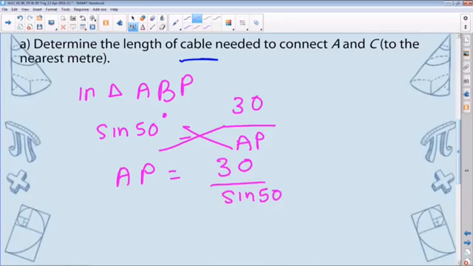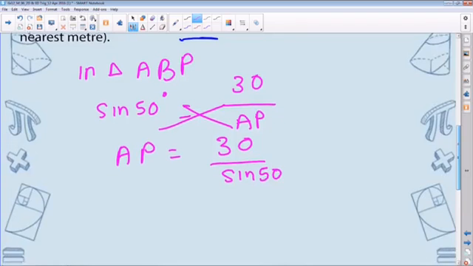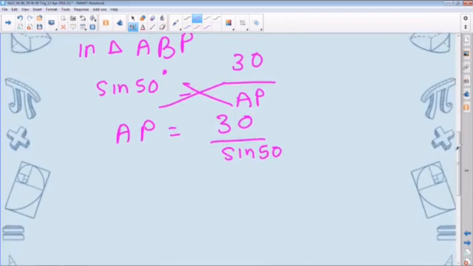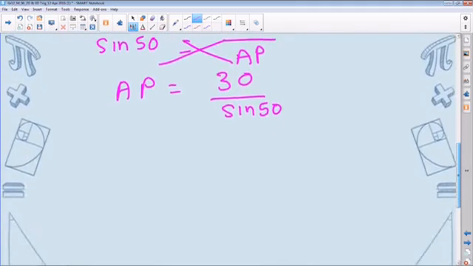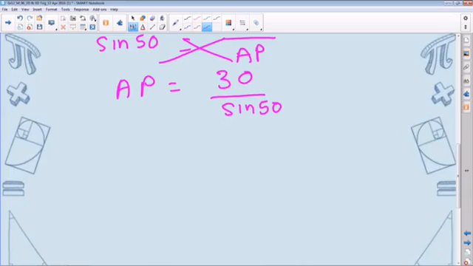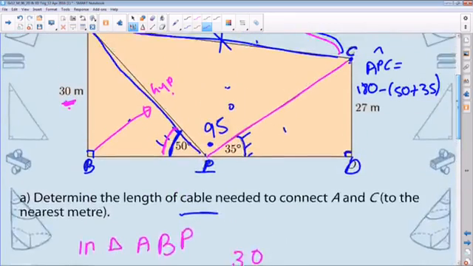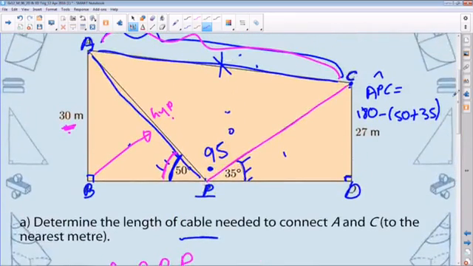Then we're going to do that on our calculator. I'm not going to do it right now because I want to keep the calculator steps to the last. All right, let's look in the other triangle. So in triangle CDP, let's go back to our triangle. I'm looking at this little triangle on the side, at this angle 35 degrees. What have I been given? I've been given the opposite side, and I'm looking for the hypotenuse.